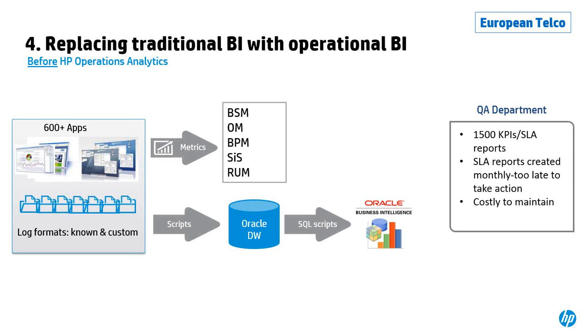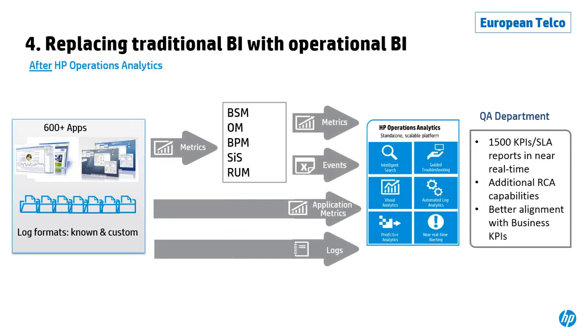So they wanted to replace their Oracle system with operations analytics, so they could pull all of the operational data in real time and provide their operators visibility into what's going on with their applications, response times, and SLAs. And they're able to do this with minimal effort and show visibility in near real time.